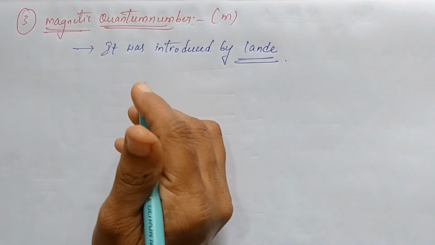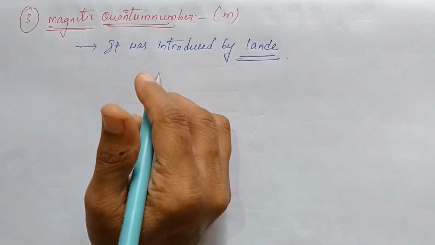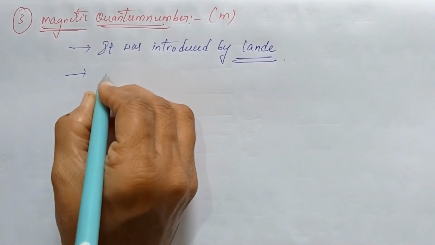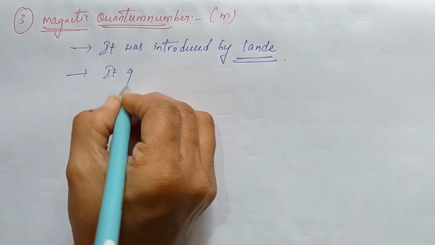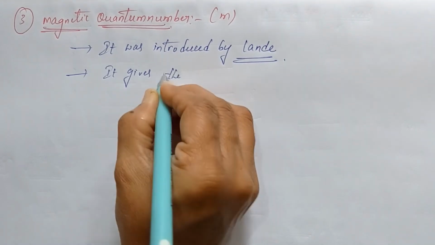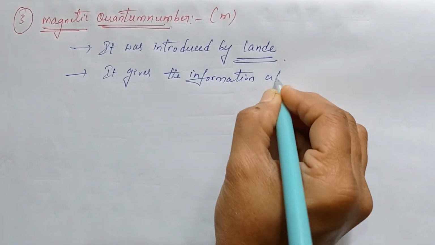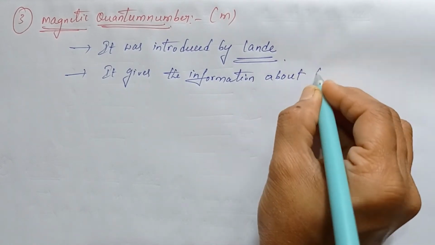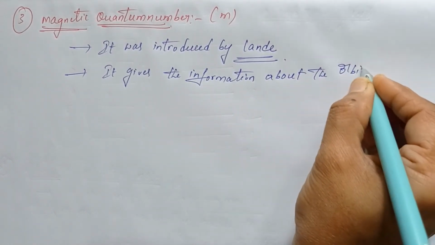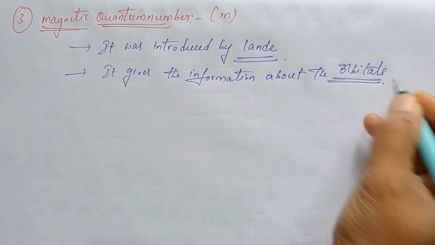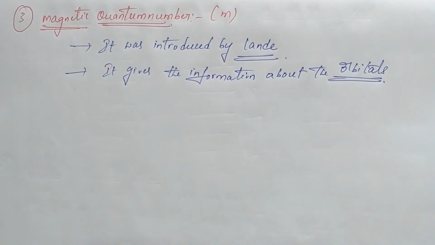Next, it gives the information about which one, students? Orbitals. It gives the information about the orbitals, students. Understanding?